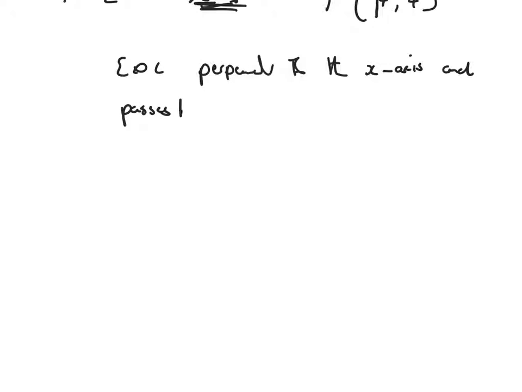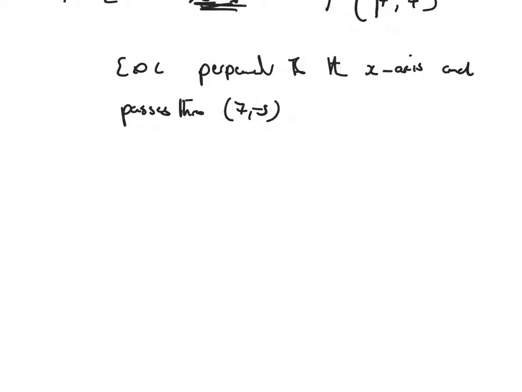Okay, next question. Find the equation of the line which is perpendicular to the x-axis and passes through the point 7, minus 5.